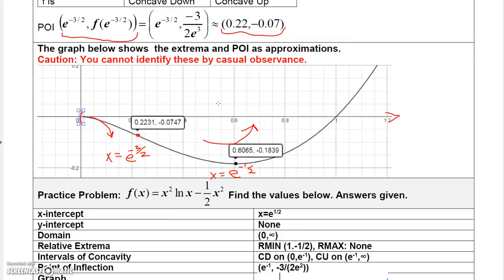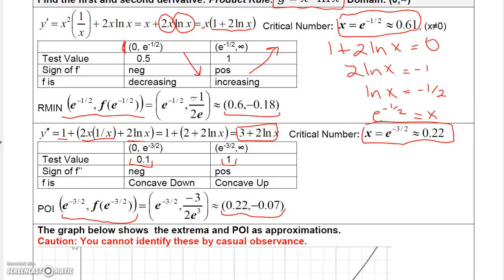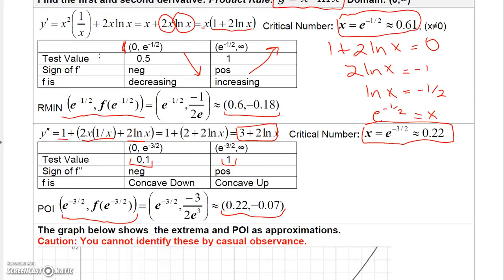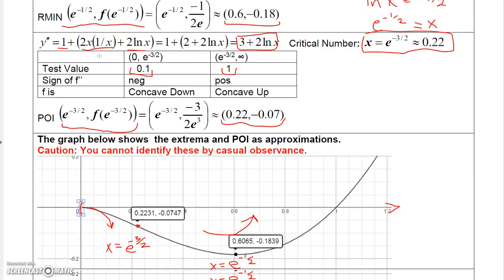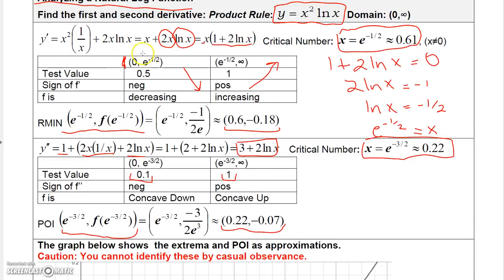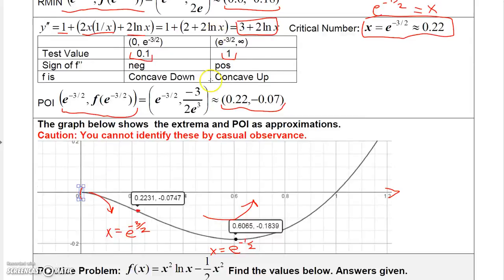So anyway, again, you can use this information to get a rough sketch of the graph without actually having to use a graphing utility. Oh, one thing I didn't talk about was increasing, decreasing. The first derivative told us it was decreasing from 0 to e to the negative 1/2 and then increasing to the other side of e to the negative 1/2.